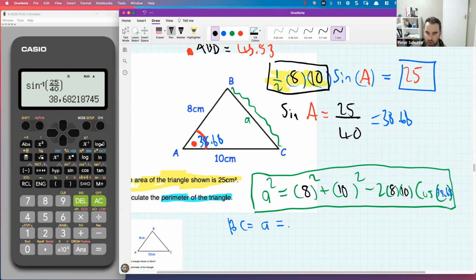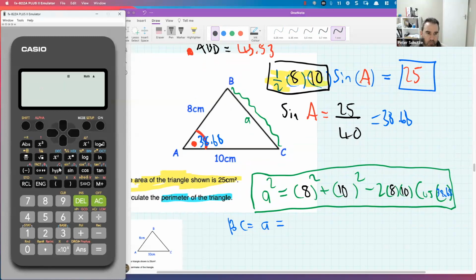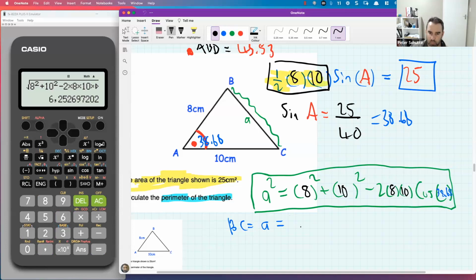And then I also need to square root because I need to get it to be a. So I go square root. So we get 6.25.